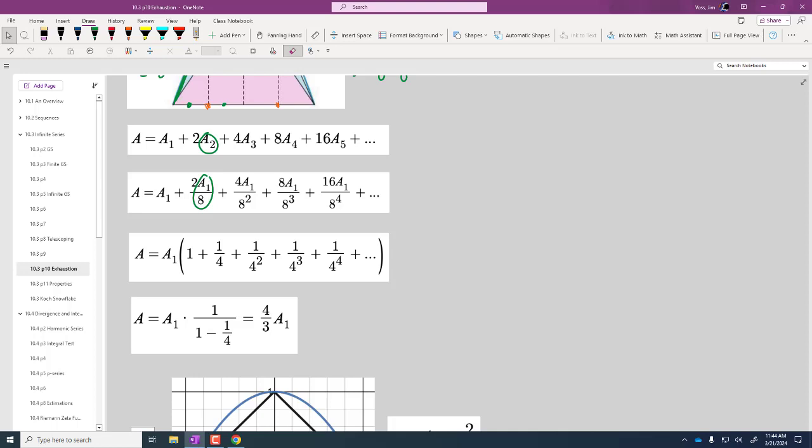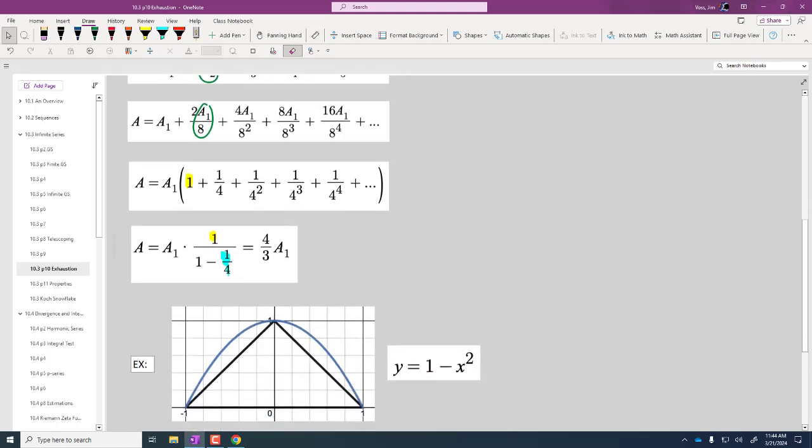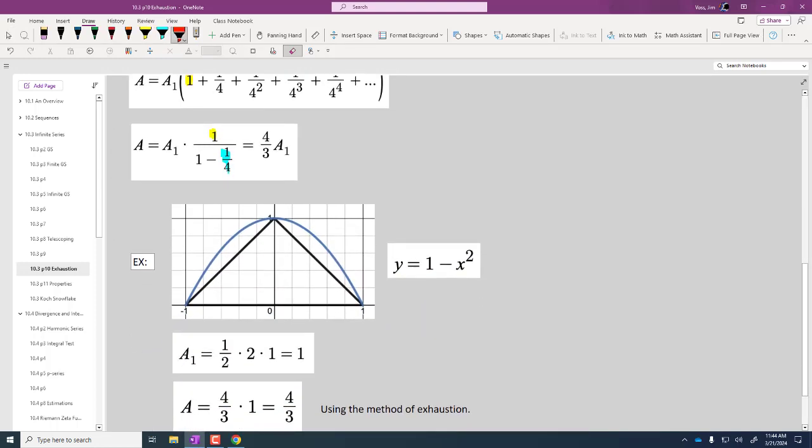We get this geometric series where the a value is 1, the common ratio is 1/4, and we get that the total area is just 4/3 times the original triangle's area.